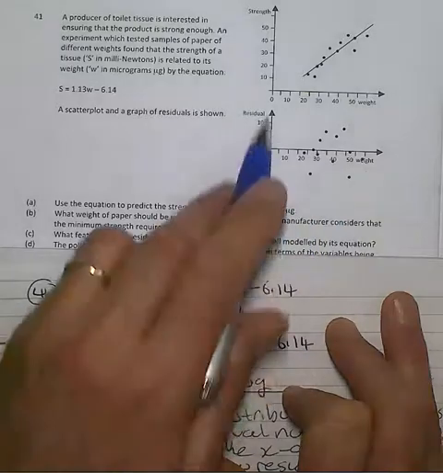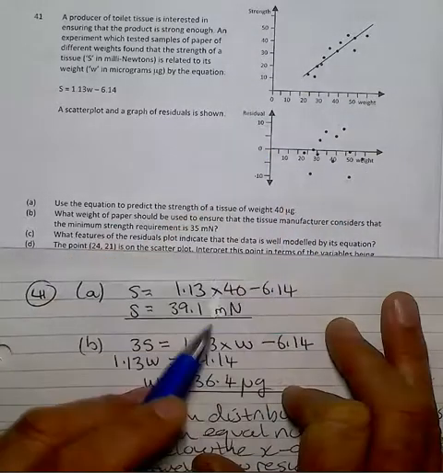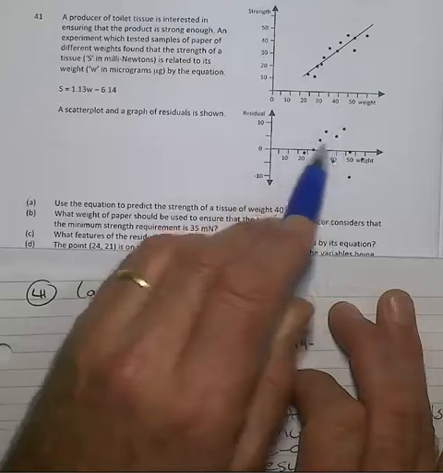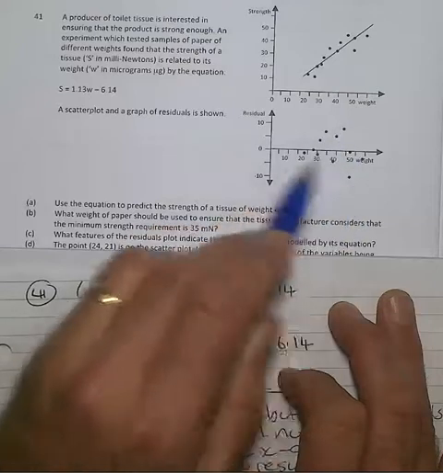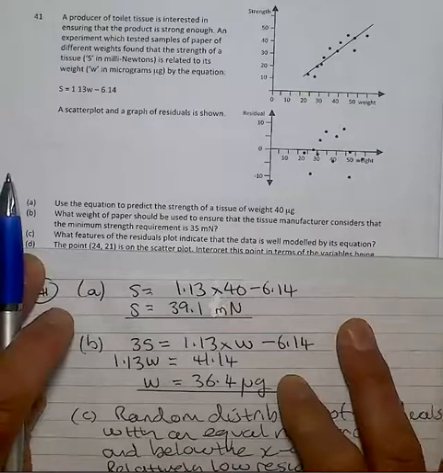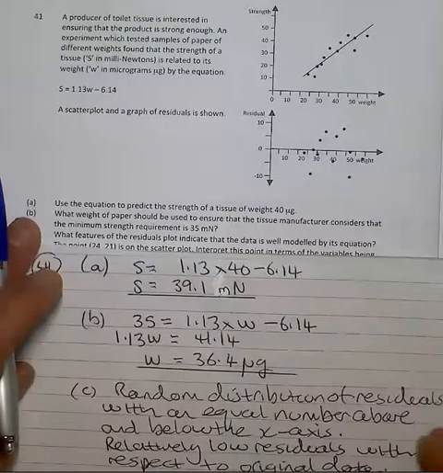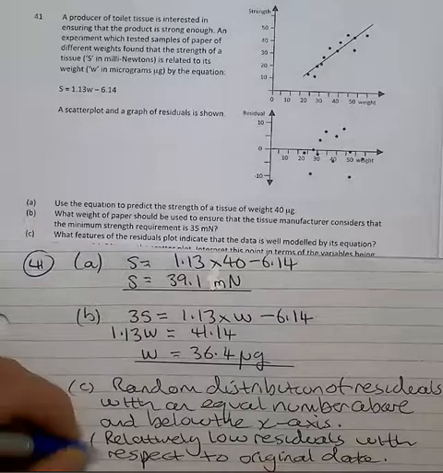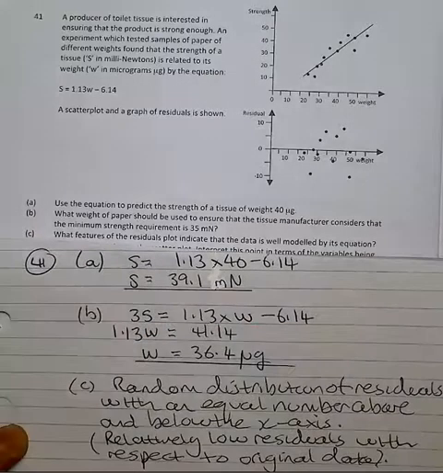The residual measure here is determined by the graph. So the features that we want: even distribution, randomly above and below the x-axis. That seems to be reasonably well modelled. So we'd say something of that order, relatively low residuals, something beyond the course perhaps.